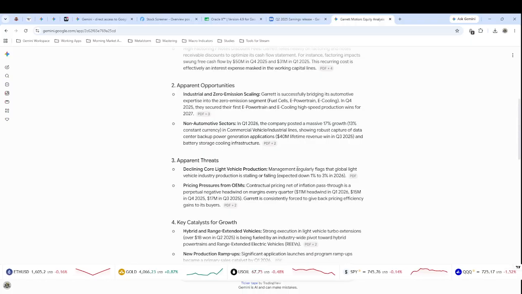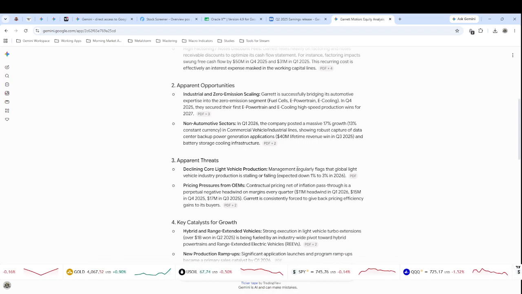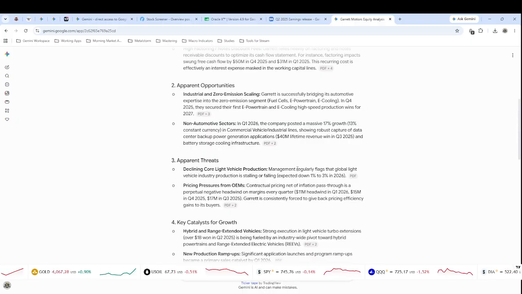In Q1 2026, the company posted a massive 17% growth, 13% cost currency in commercial vehicle industrial lines, showing robust capture of data center backup power generation applications and battery storage cooling infrastructure.